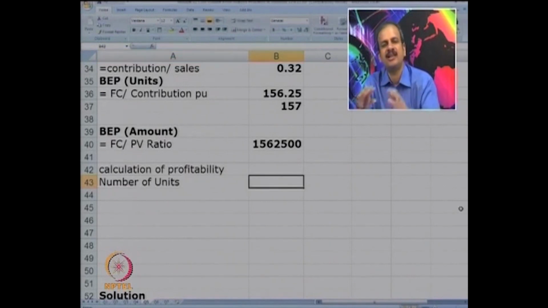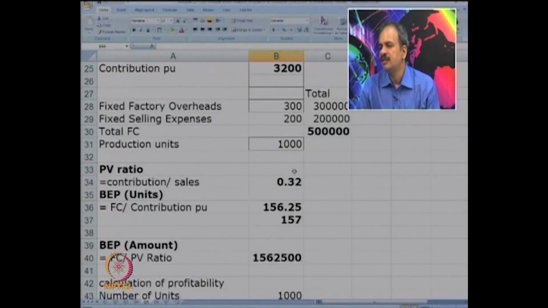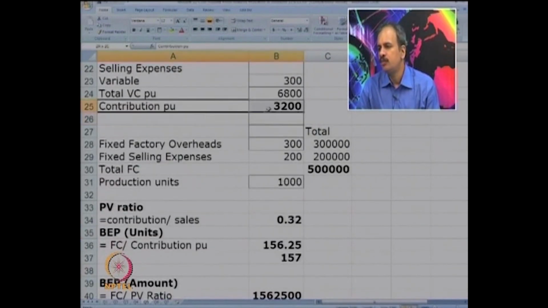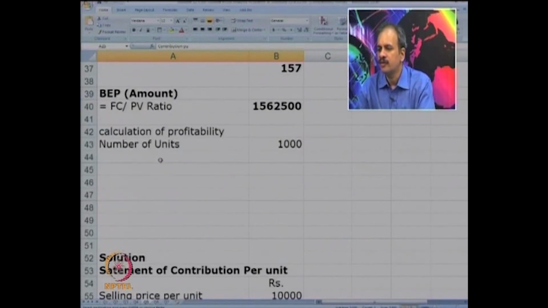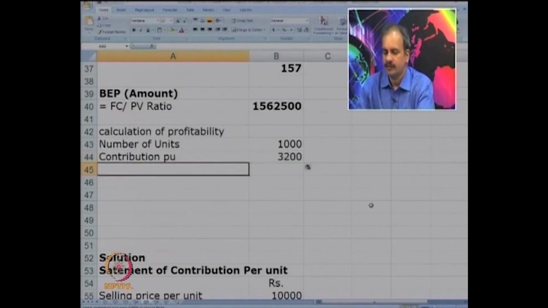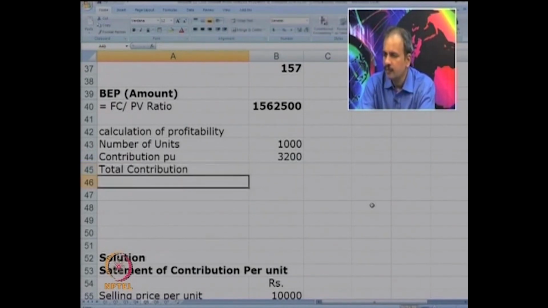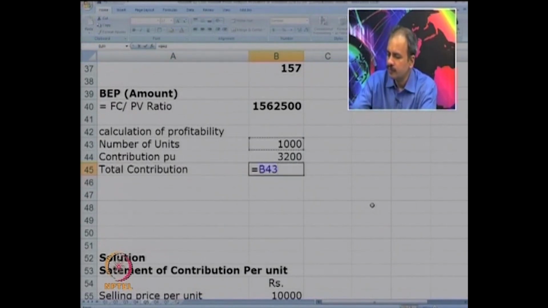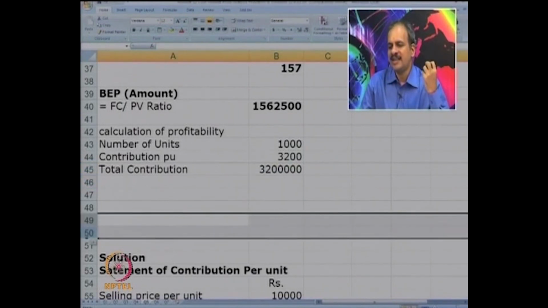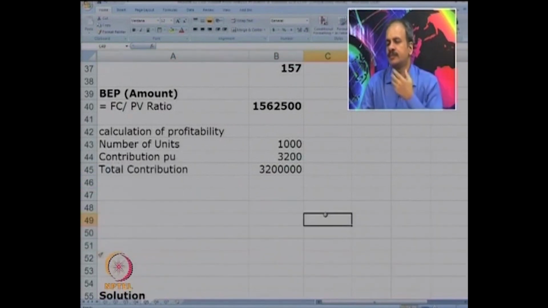Profitability is essentially driven by the level of activity. So we know that current level of activity is 1000, that plays a very important role. Then we have a contribution per unit of 3200. It gives us a total margin of 32 lakhs, right?